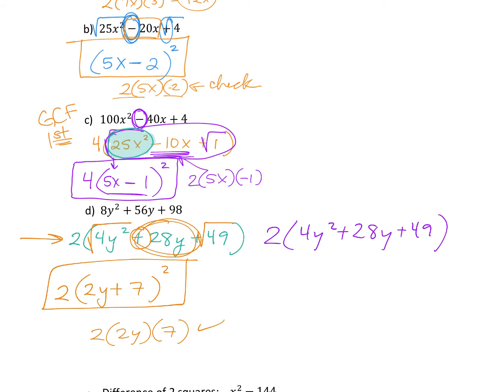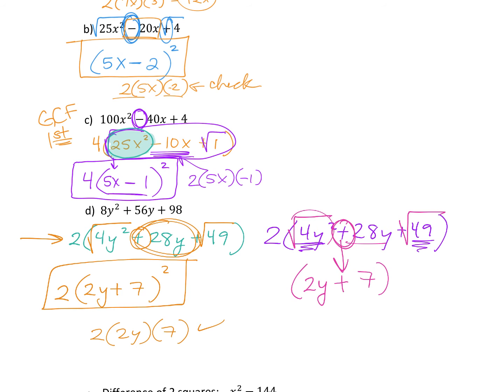So when you have that set up and you notice that this is a perfect square and this is a perfect square, then we take the square root of them. So you're going to square root 4y squared and you get 2y, and you're going to square root the last value. So you don't do anything with the middle value. That's just how we check our answer. Square root that last value, and you get 7, and then this symbol is what goes here.